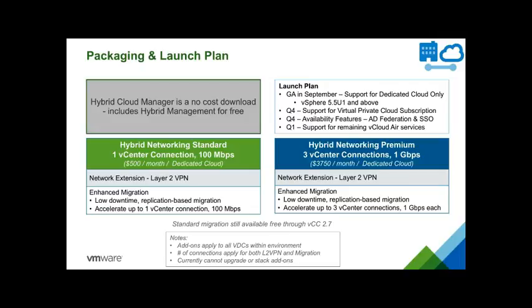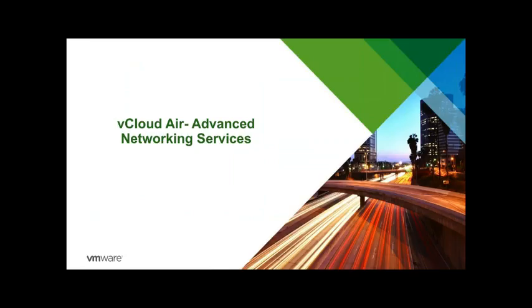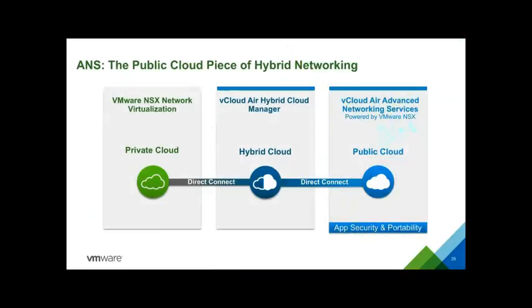So that was a really high-level overview of HCM, or Hybrid Cloud Manager. What I'm going to go through now is the advanced networking services. To put it in perspective, the vCloud Air advanced networking services is the public cloud piece of the vCloud Air hybrid networking story.